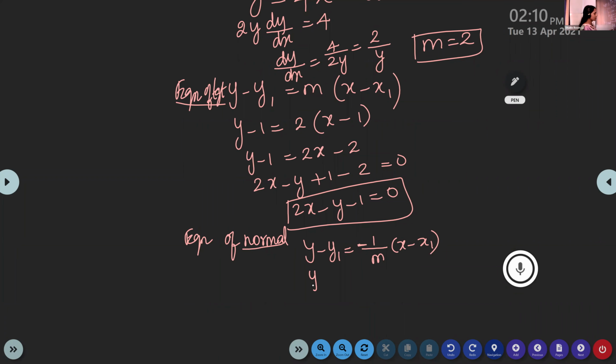So y minus 1 is equal to minus 1 by 1 into x minus 1. So y minus 1 is minus x plus 1. So what's the equation? Ma'am, m is 2, right? Okay, yes, yes. So it is 2, so we cross multiply 2 into y minus 1. The point x1 and y1 are both 1, isn't it? So everywhere I put 1.